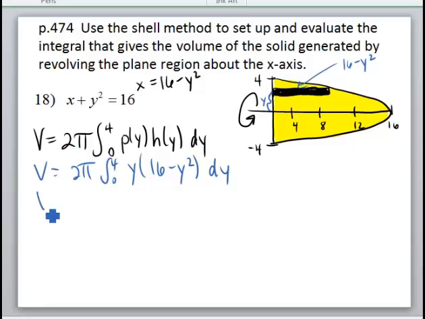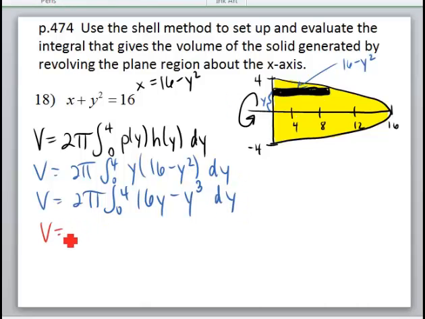So we'll go ahead and simplify this. I end up getting 16y minus y cubed dy. Go ahead and integrate it, which gives us 16y squared over 2, which would be 8y squared minus y to the 4th over 4 from 0 to 4.